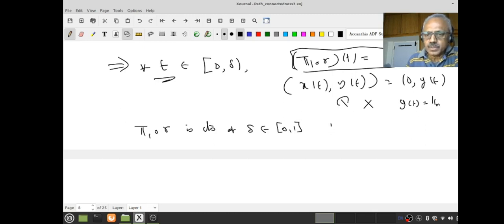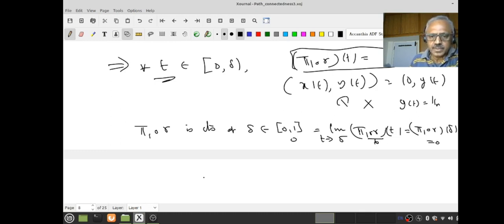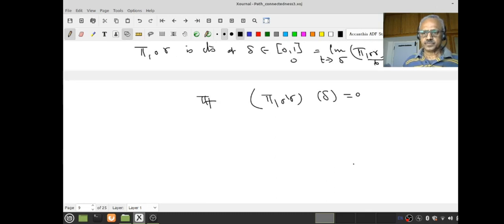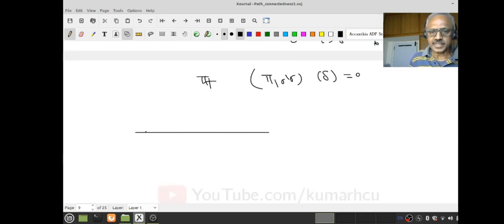Therefore the limit as t goes to δ of π₁ composite γ of t must be equal to π₁ composite γ at δ. But this limit is 0 because each one of them is 0. Therefore what we conclude is π₁ composite γ at δ is 0. So this is the picture I have, 0 up to δ.